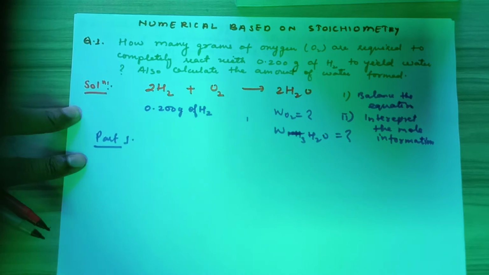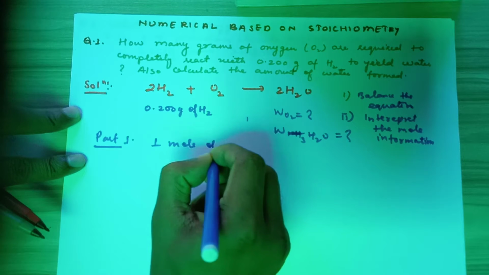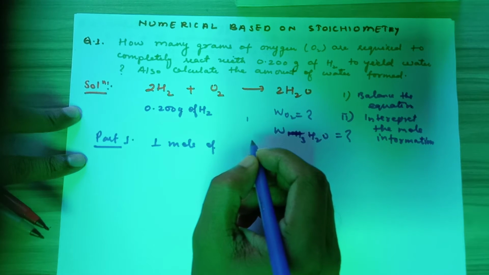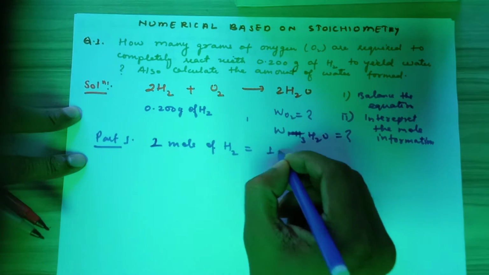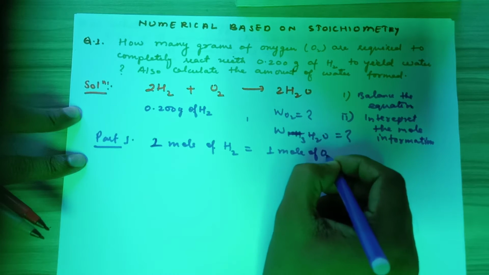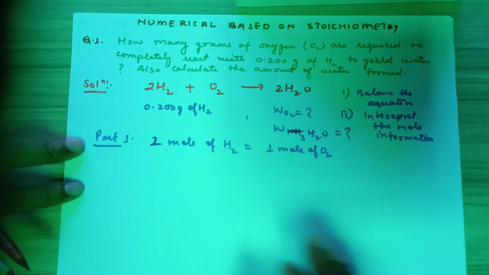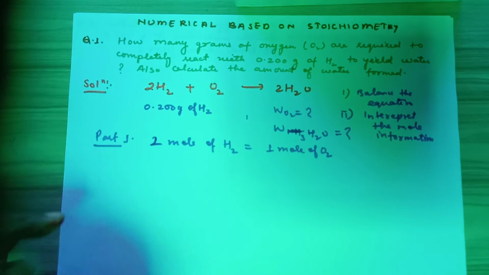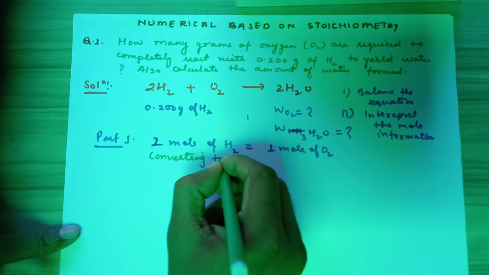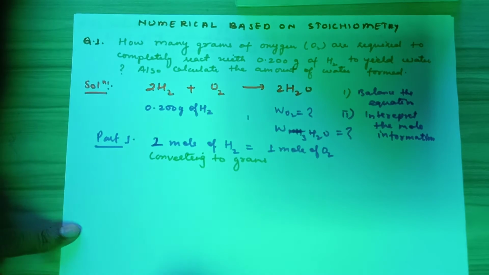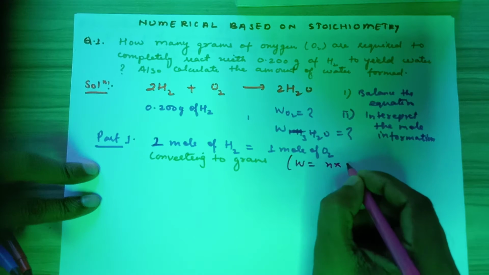So we can write in terms of moles that 2 mole of hydrogen gives 1 mole of O2. So converting to grams, use W equals n into mm.